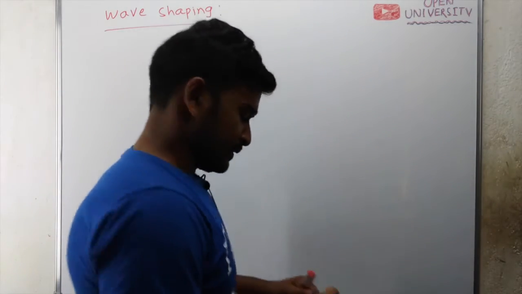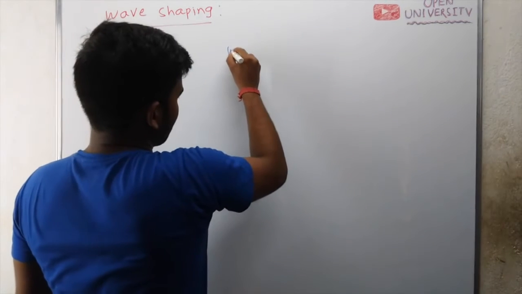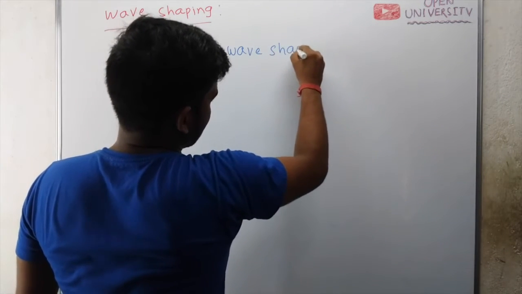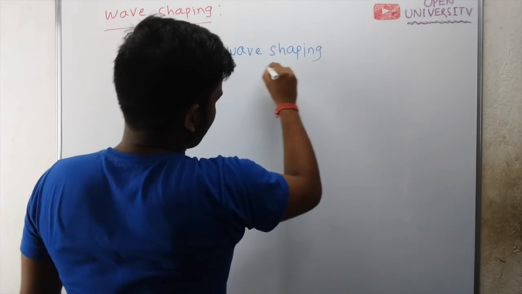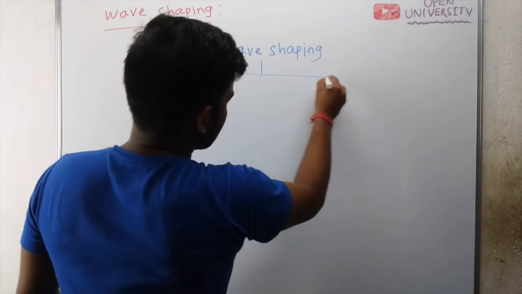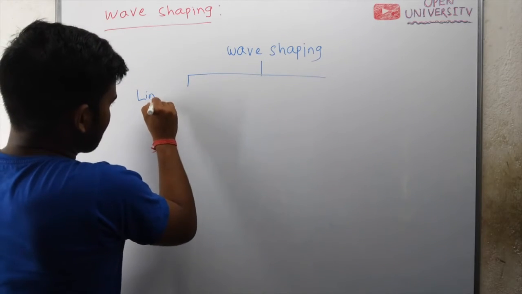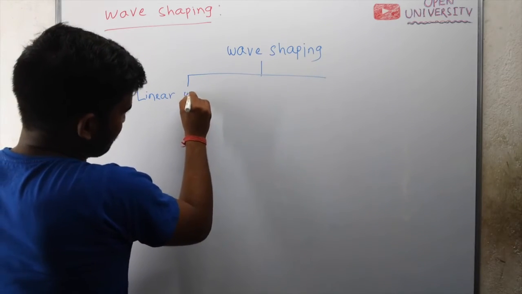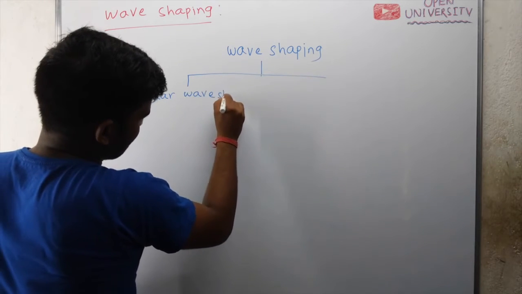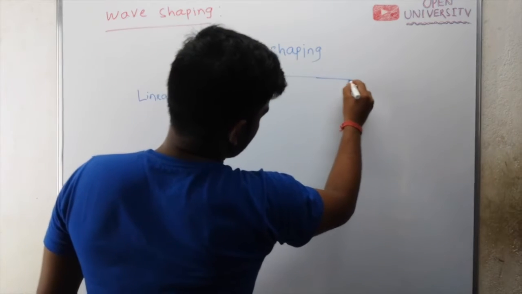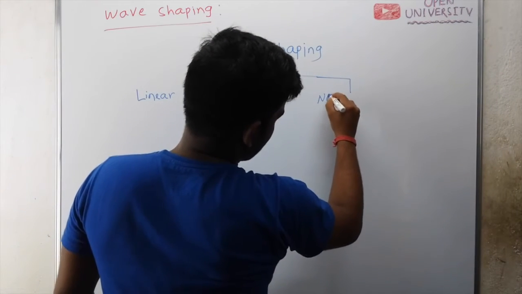Then what is the classification of wave shaping? There are 2 types of wave shaping. One is linear wave shaping, and another one is non-linear wave shaping.